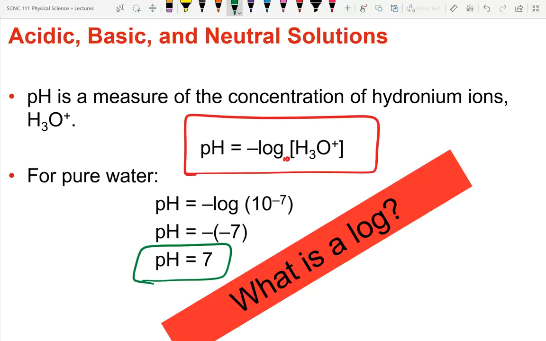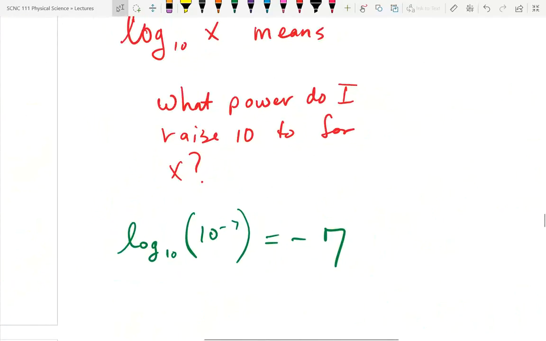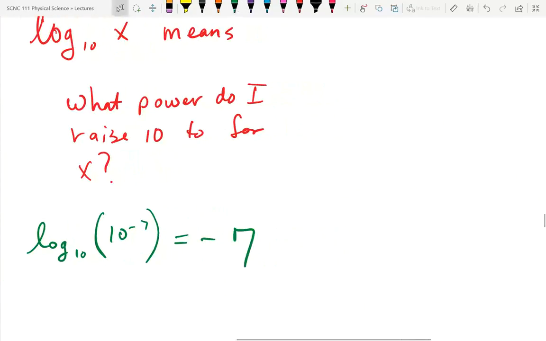Now, if it has a higher concentration of hydronium, what's a higher concentration? Let's say I had something that's 10 to the minus 3 and something that's 10 to the minus 10. Which of those is a bigger number?